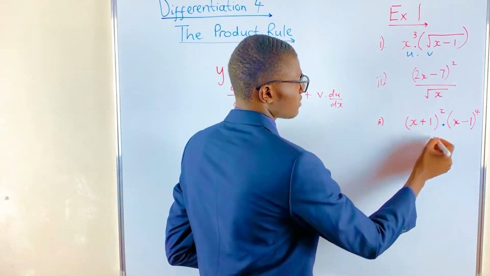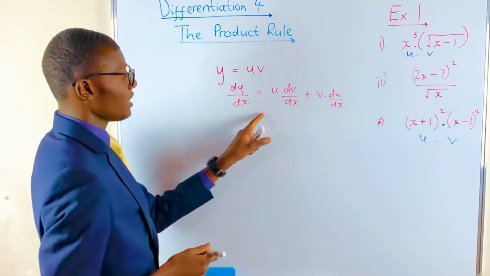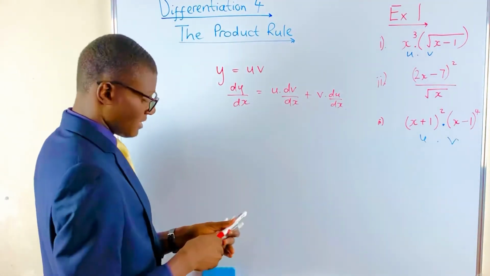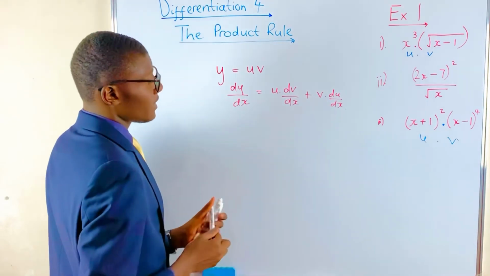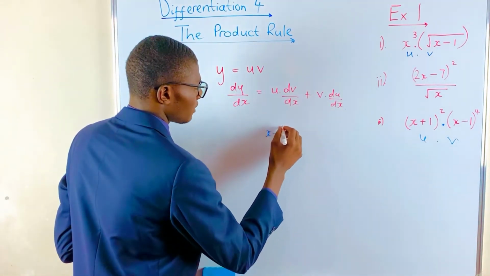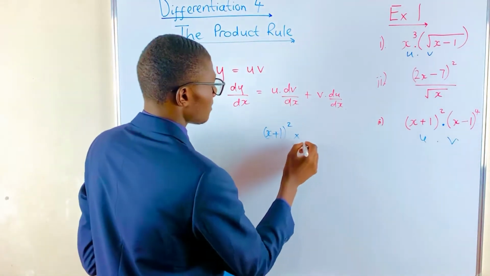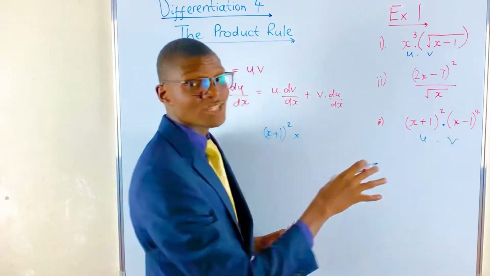So now this is our u and then that's our v. So dy by dx being equal to u times dv by dx, we are saying that u is (x plus 1) squared, then times the derivative of (x minus 1) to the power of 4.